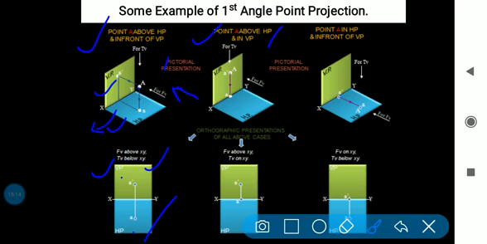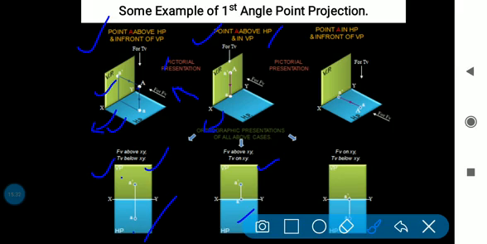After rotating the horizontal plane, we get the top view on the reference line and the front view on the vertical plane.